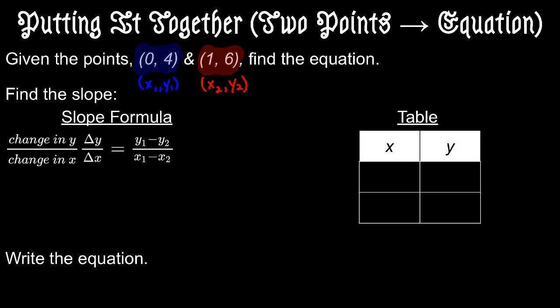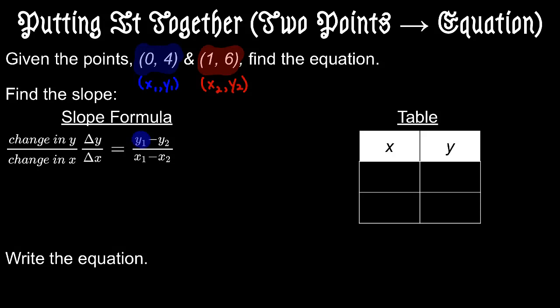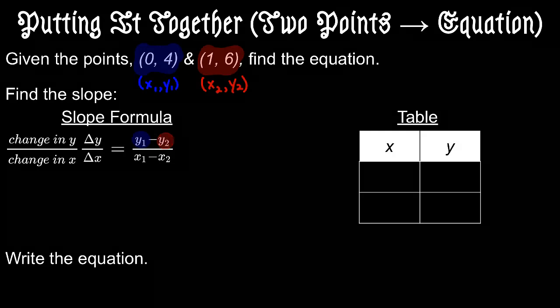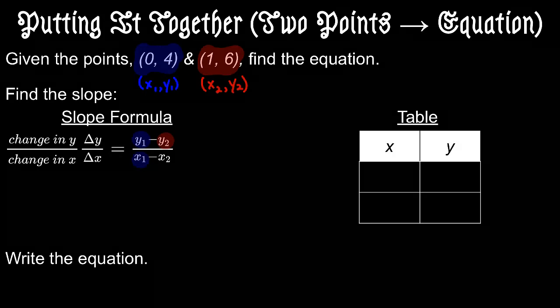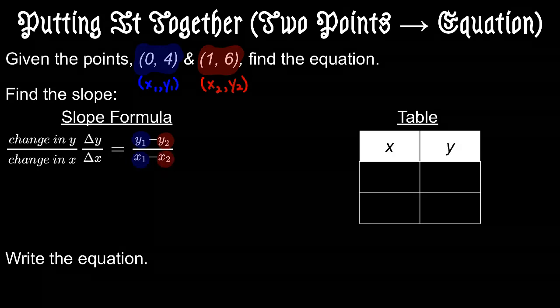And the reason why we're going to identify them that way is so that we can take our y1 and subtract from that the y2 in the numerator, and take our x1 and subtract from that our x2 in the denominator.